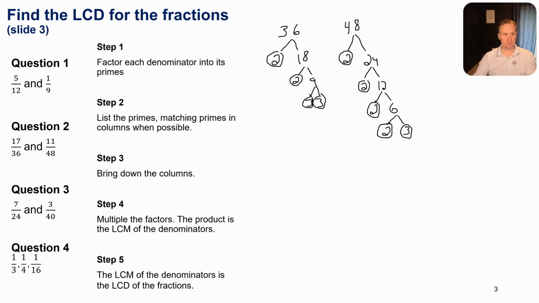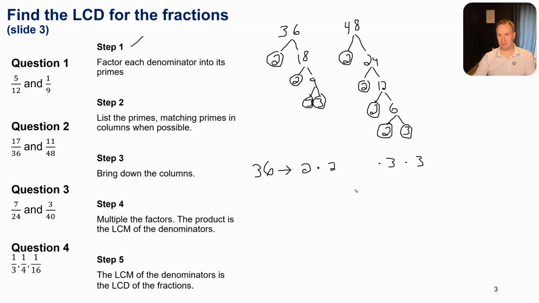Okay, so now let's go ahead and list our primes, matching the primes in columns when possible. So starting with 36 here, we have 2 times 2 times, I'm going to put the 3 out a ways, times 3.